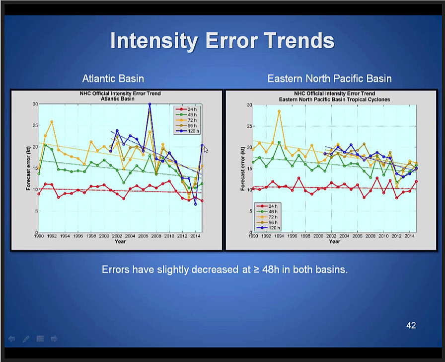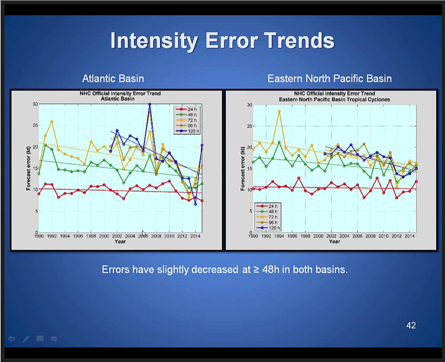The errors went back up, and part of that was Joaquin unexpectedly becoming a Category 4. We see similar error characteristics in the East Pacific, where the longer-term intensity forecasts are improving. And again, I would say that some of these improvements are based on the work funded through the Hurricane Forecast Improvement Program and the Joint Hurricane Testbed.